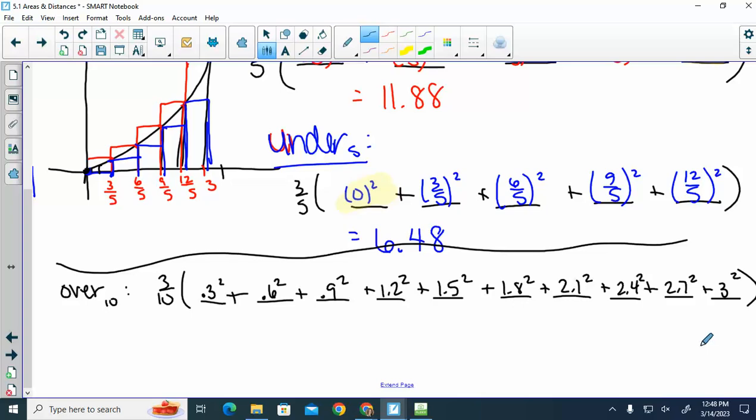Why am I squaring these? The function was x squared, so that means we're squaring.